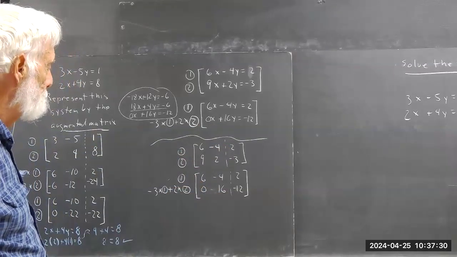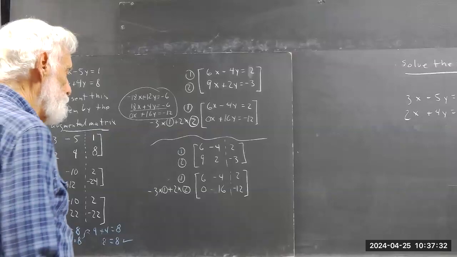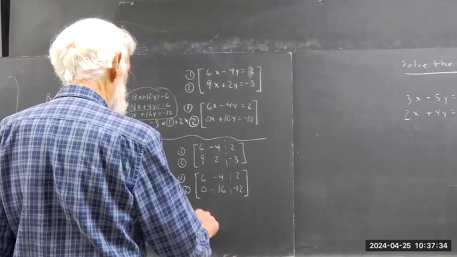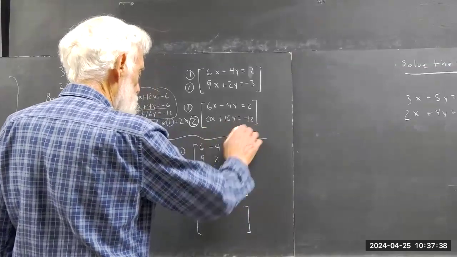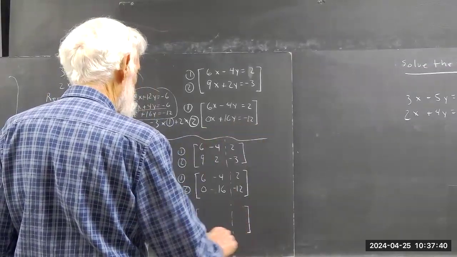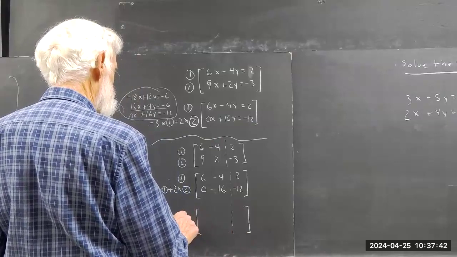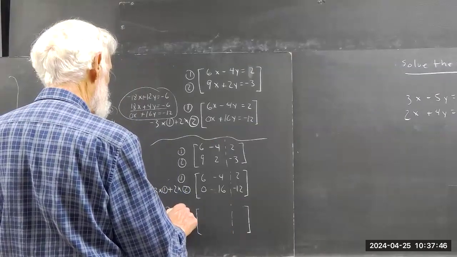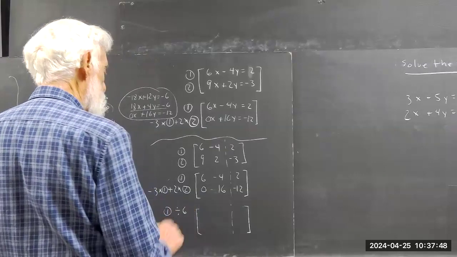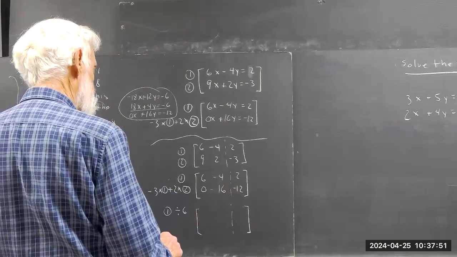Okay. Now, let's show one more step on this just for practice. You know, instead of writing out the actual equations, I'll just write it out as an augmented matrix. I'm gonna do two things in one step. We do row one divided by 6.